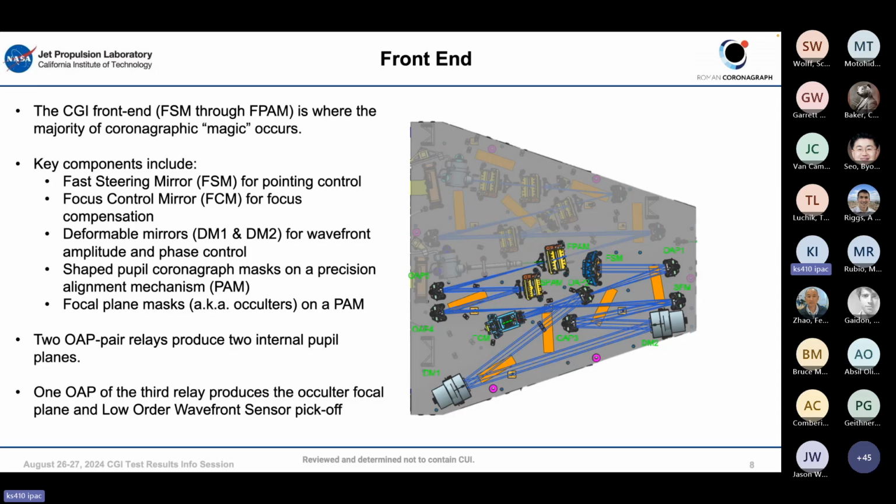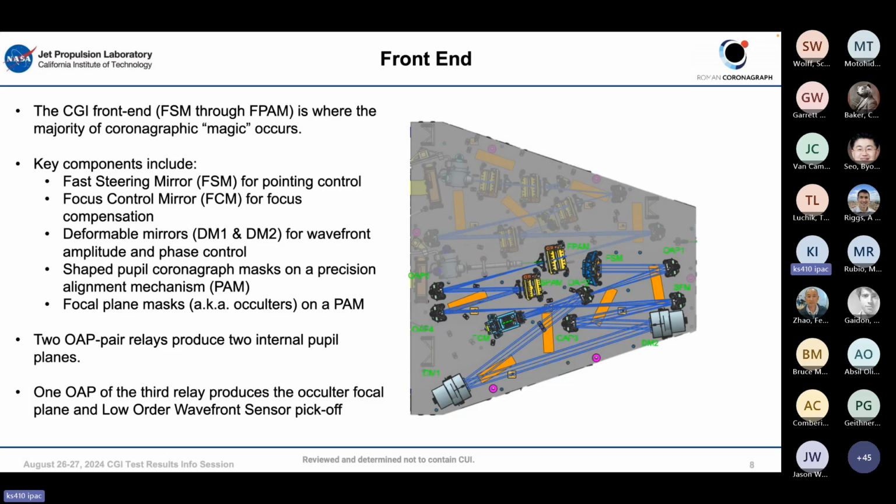We have, as I mentioned, the fast steering mirror, the focus control mirror, the two DMs, and the shaped pupil coronagraph masks on a precision alignment mechanism. And then there's another alignment mechanism here that has the occulting masks.